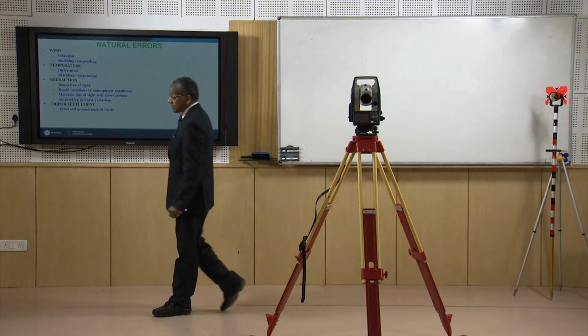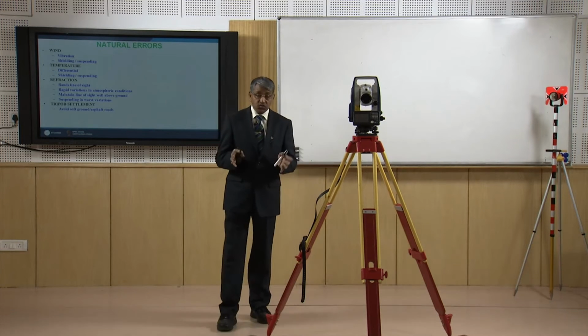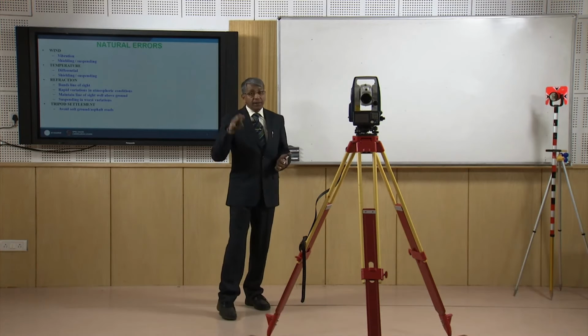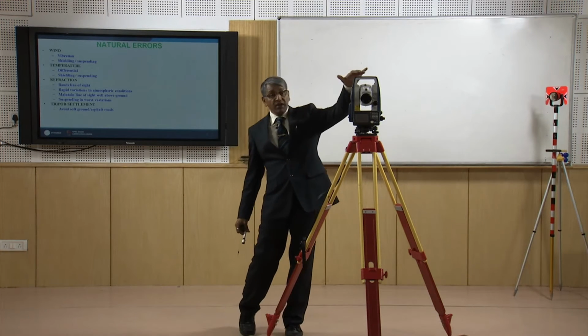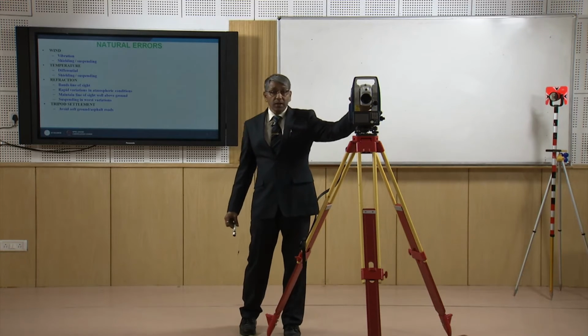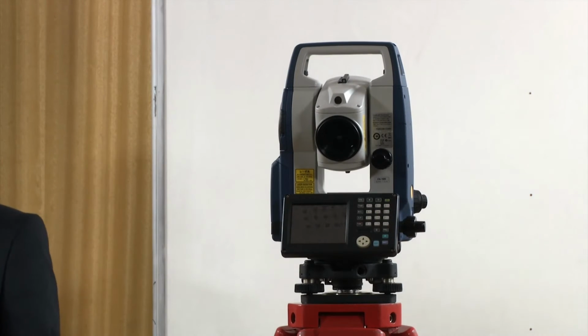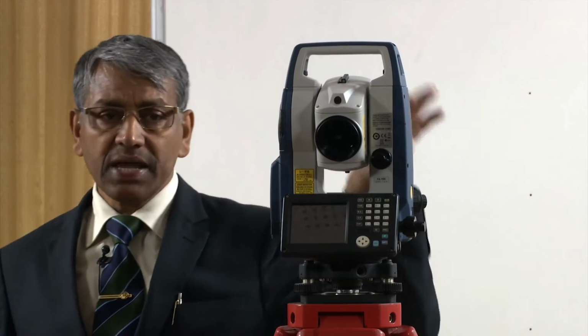Then temperature is a very important parameter which has to be taken into account, because if the temperature fluctuates heavily, then it adversely affects the body of the instrument, and if it affects the body of the instrument, then it will definitely affect the working of the whole system.